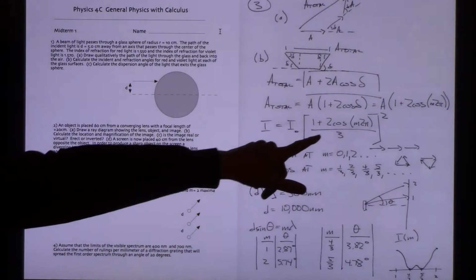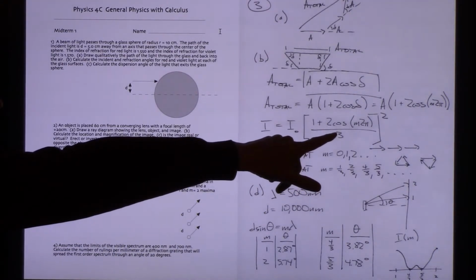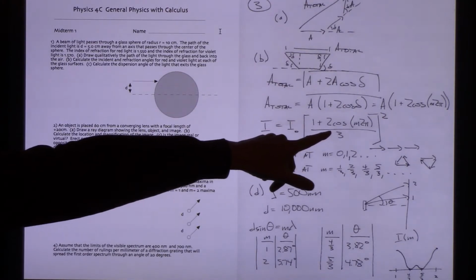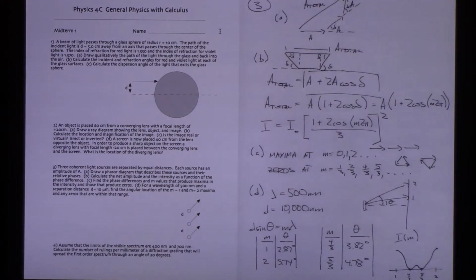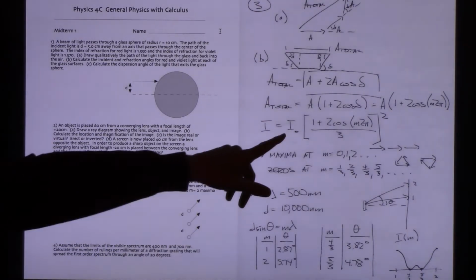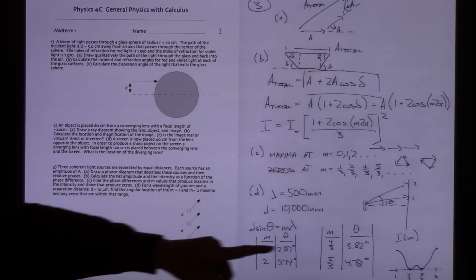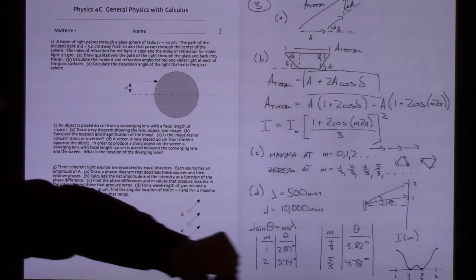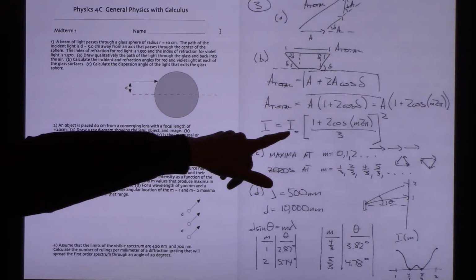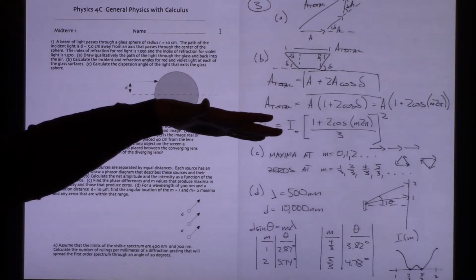Now, I didn't have to put the 3 down here, but I did. I'm kind of following the pattern that the textbook has used. What the textbook tends to do is they define I naught. I should have had a graph here too. Where it's down here, I guess. We tend to put I naught as the peak intensity.